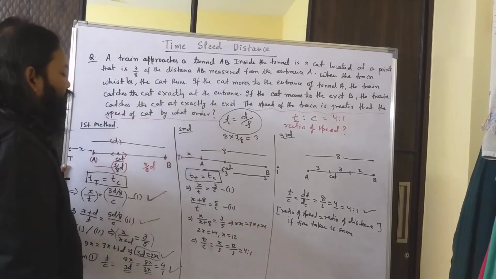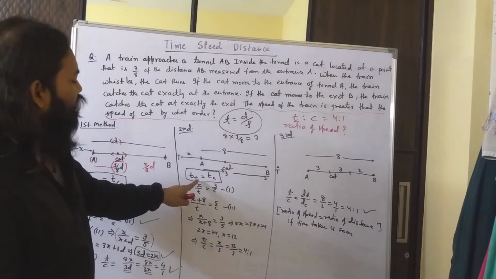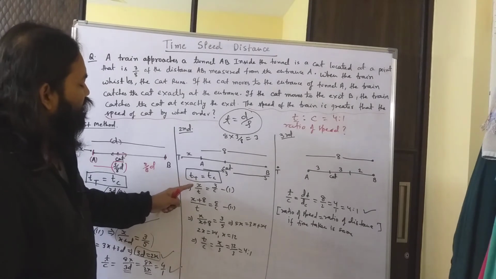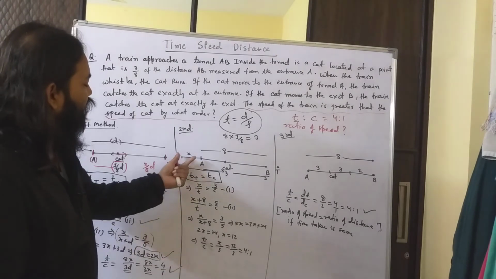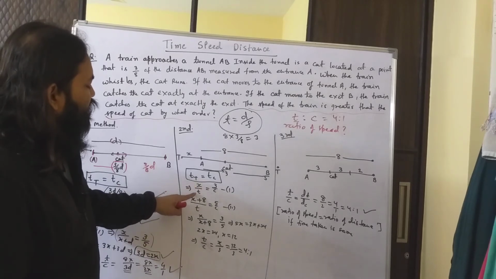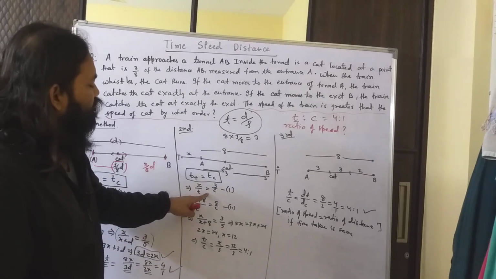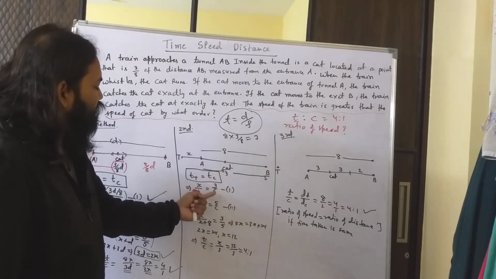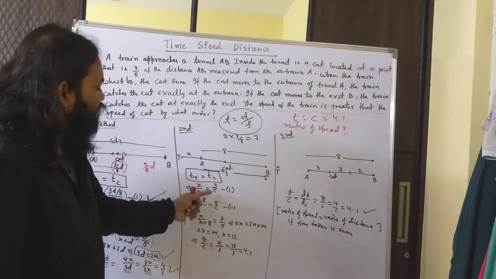So here I will say again, time taken by the train is same as time taken by the cat. Time taken by the train is distance traveled by the train, which is x, by the speed of train, which is t. So x by t is equal to, in case of the cat, the distance traveled is 3 if it comes to this place A, and the speed is c. So x by t is equal to 3 by c.